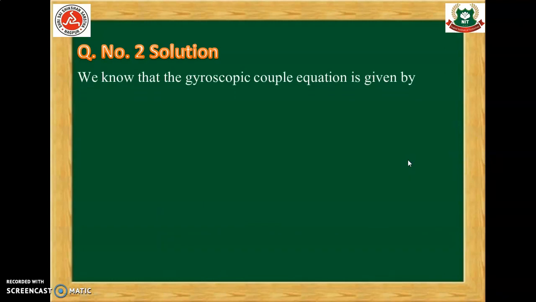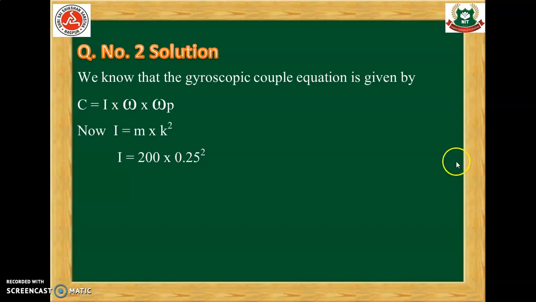Let us see. We know that the gyroscopic couple equation is given by C equals I into omega p. Now the first term is I, and equation for I is I equals m into k square. So we have the value of m as 200 and k as 0.25.